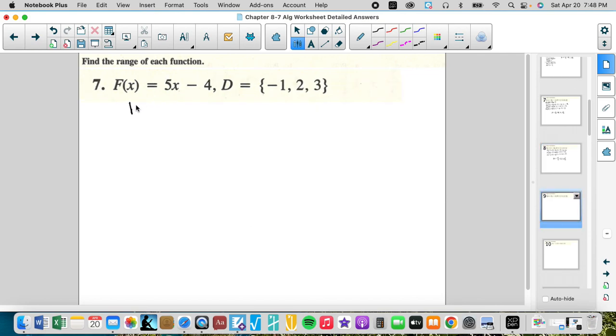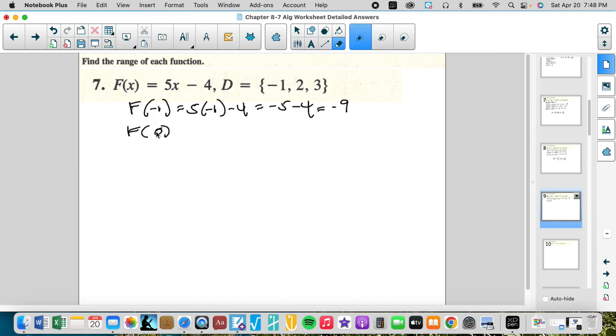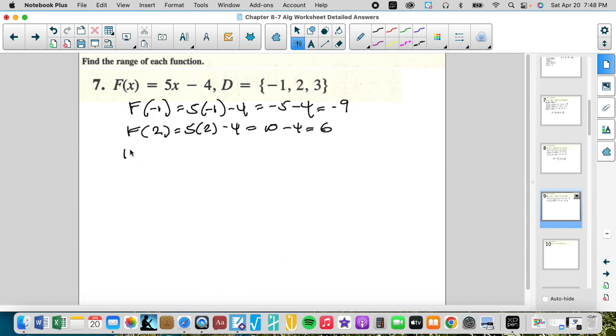Yep. Keep it rolling. F of negative 1 equals 5 times negative 1 minus 4, which is negative 5 minus 4, which is negative 9. F of 2 equals 5 times 2 minus 4, 10 minus 4, which is 6.